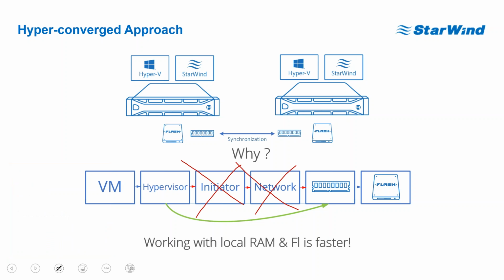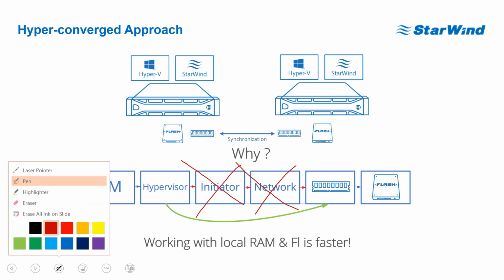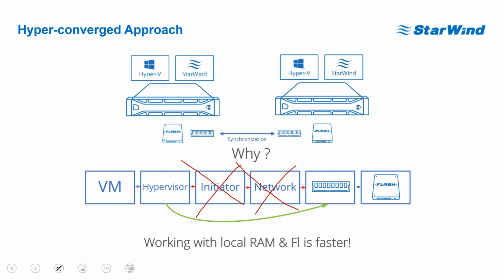So what StarWind does instead, as soon as I/O comes in from the hypervisor layer, we intercept it before it goes to the iSCSI stack and put it directly into server's RAM. So we have a fast track. We utilize the fastest resource available here, and then we write it to disk. The best thing is we do that locally. So your virtual machine essentially feels like it is working in server's RAM all the time.